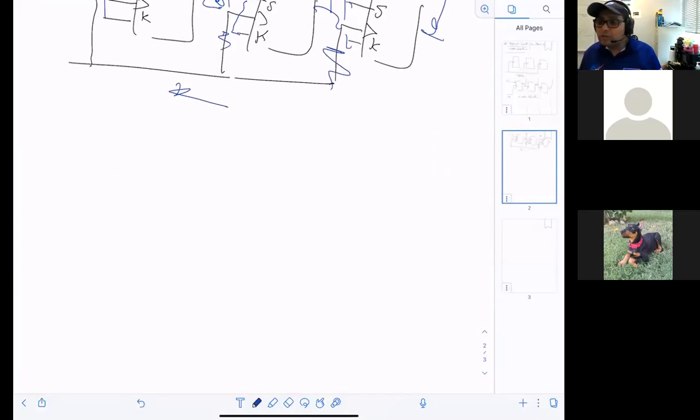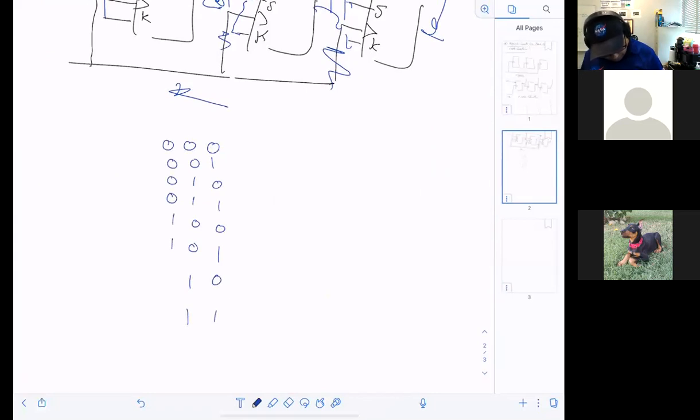Do you remember when we count? Let's say it's 3-bit I'm counting, right? 0, 1, 0, 1, 0, 1, right? 0, 0, 1, 1, 0, 0, 1, 1, and then 0, 1. And then here 1, 2, 3, 4, 1, 2, 3, 4, right?